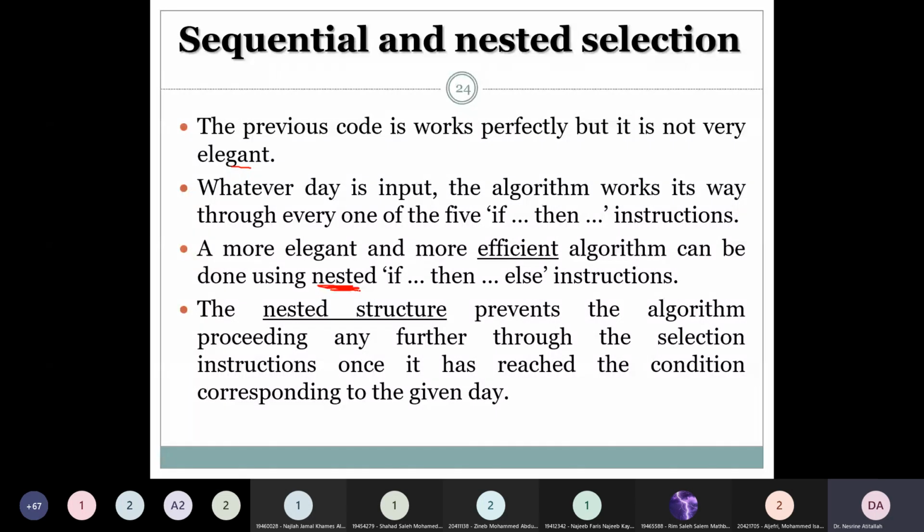So the nested structure prevents the algorithm proceeding any further through the selection instructions once it has reached the condition corresponding to the given day. So this is the importance of the nested selection here.